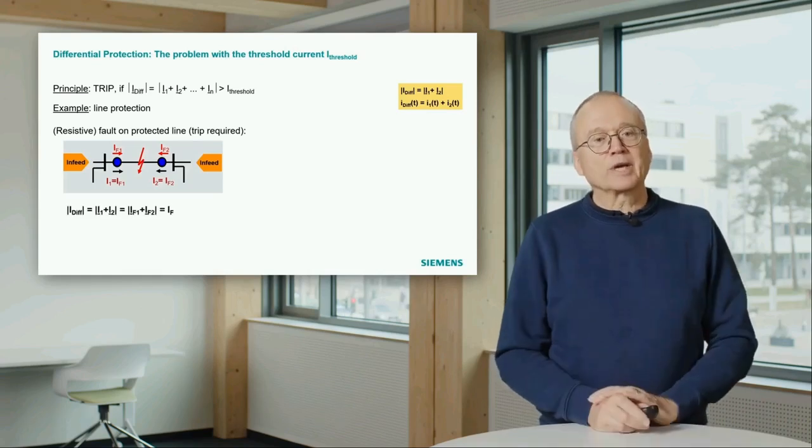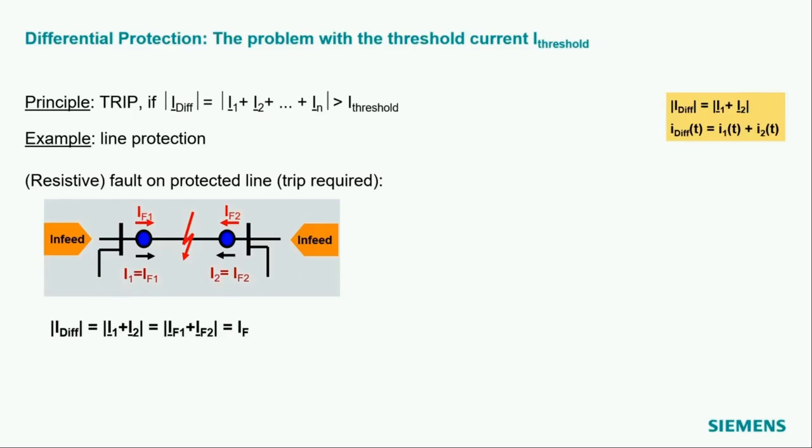And from that we calculate the differential current. We assume they are in phase, so we can just simply sum up the two currents. That means the differential current in this case is equal to the fault current. And now that means, for instance, if we have a resistive fault, the fault current can be pretty low.